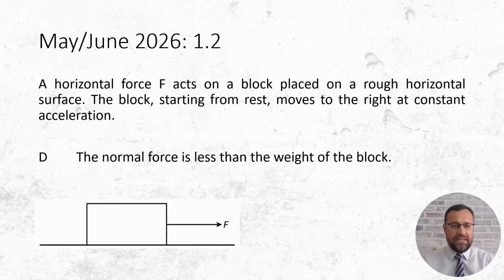Lastly, statement D, the normal force is less than the weight of the block. If we look at the block, you have your normal force upwards, which will be equal to the weight of the block. So the normal force is equal in magnitude to the weight of the block. As you can see, the block remains on the horizontal surface. There is no net vertical force acting on the block, so statement D is wrong.